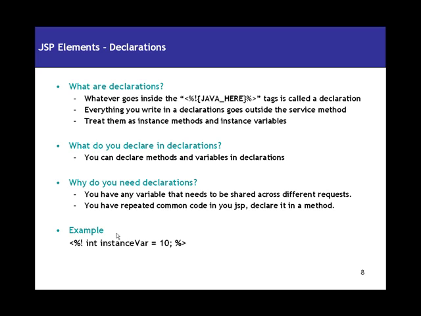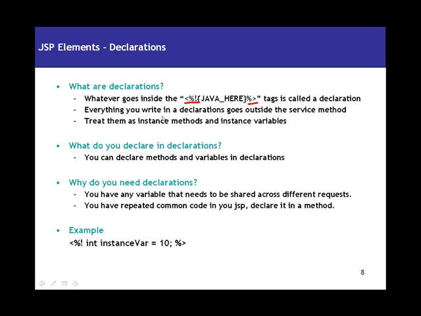Okay. So starting off with JSP declarations, we just said what JSP declarations are, right? So the syntax for JSP declarations looks something like this. Okay, so whatever code goes within this syntax is treated as a JSP declaration, right?